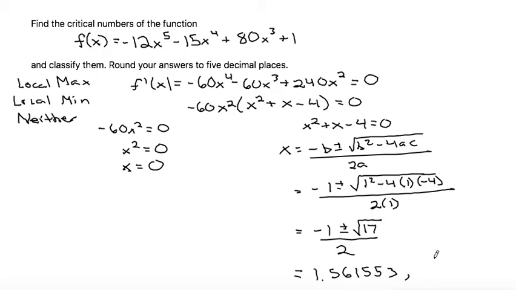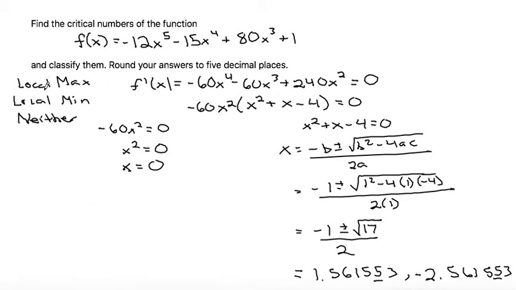Or negative 1 minus the square root of 17 divided by 2 is negative 2.561553. So these are our numbers. If we round them to 5 decimal places, that would be 1.56155 and negative 2.56155. And those would be our 3 critical points.